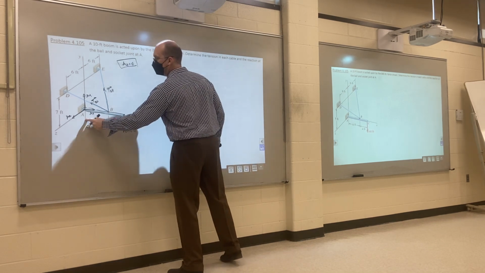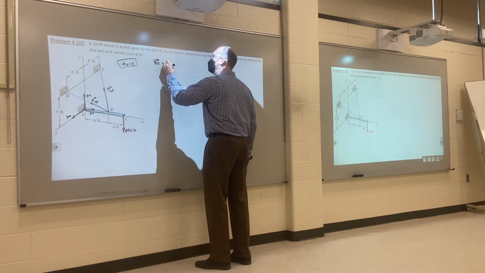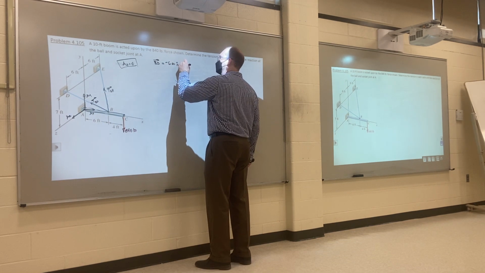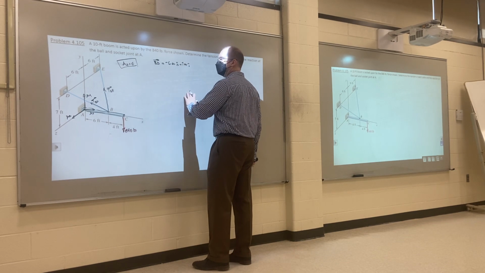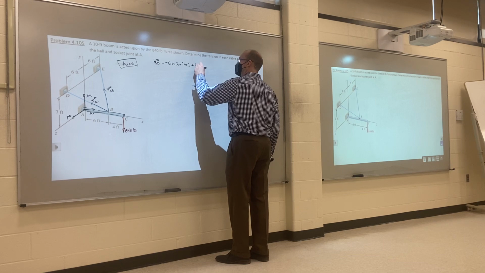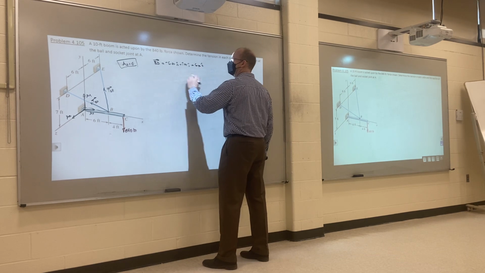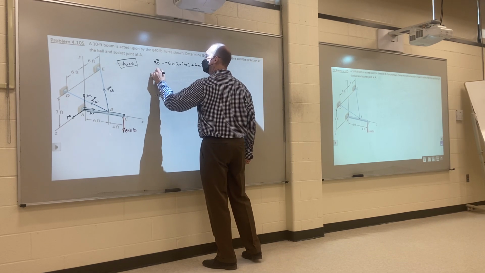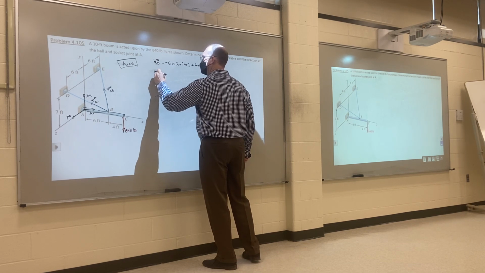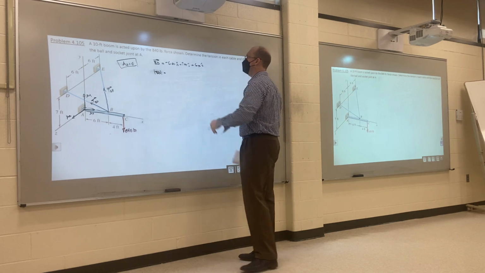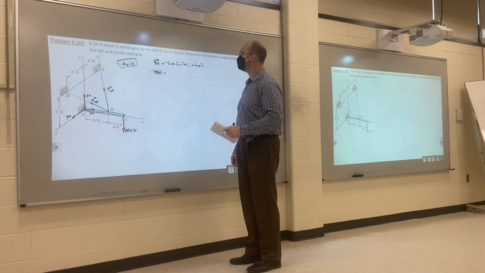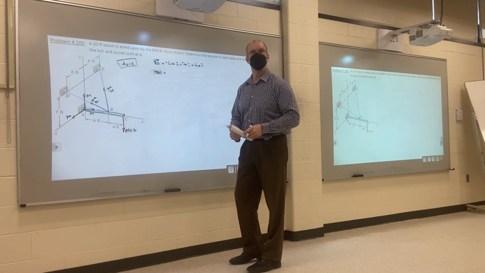BD is negative 6i, positive 7j, and positive 6k, in feet. So negative 6 feet i hat, plus 7 feet j hat, and plus 6 feet k hat. The scalar magnitude is the square root of the sum of the squares: 36, 36, and 49. That's 121, and the square root of 121 is 11, right?